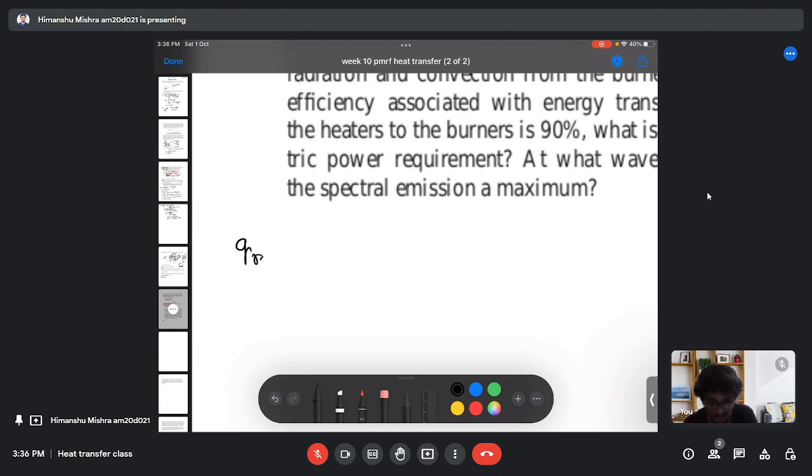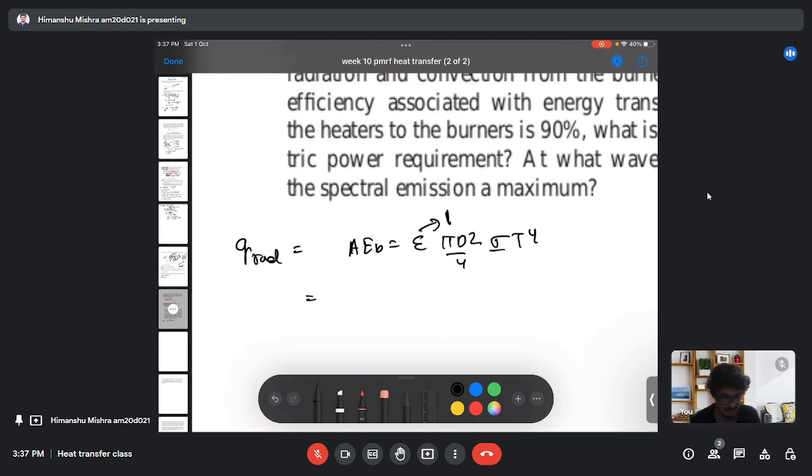So my heat transfer due to radiation is given by the Stefan-Boltzmann law. Here my emissivity is 1 since it is a black body.